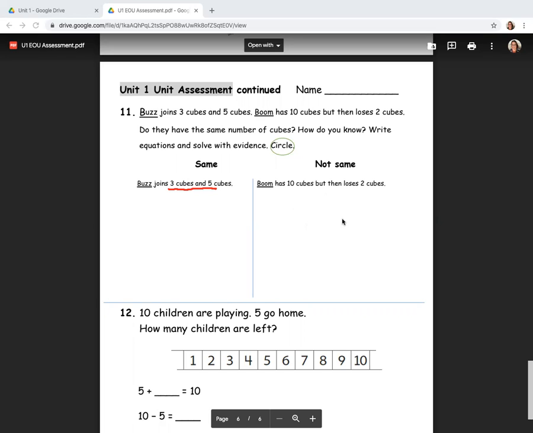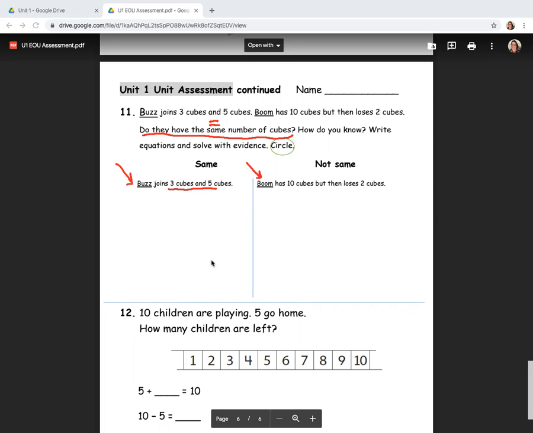When you're done with all of the work for Buzz and all of the work for Boom, you need to answer this question. Do they have the same number of cubes? The same means equal to each other.